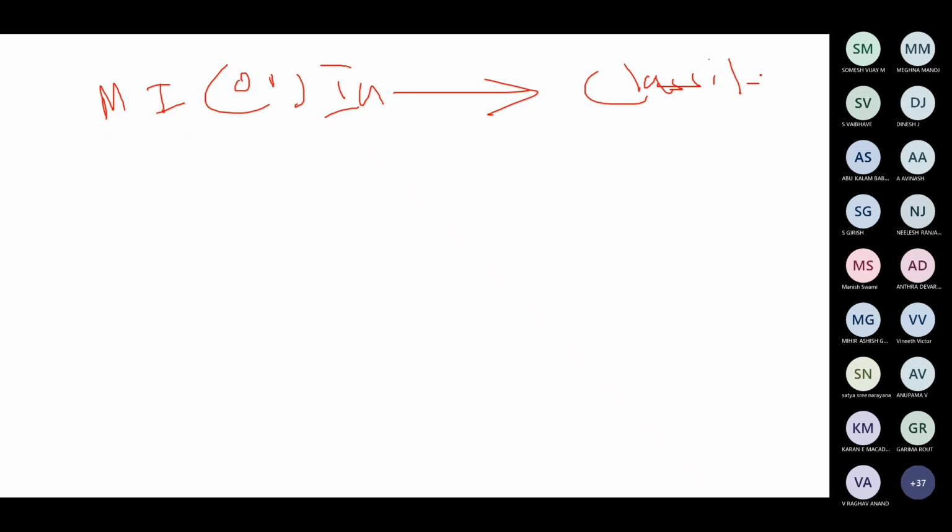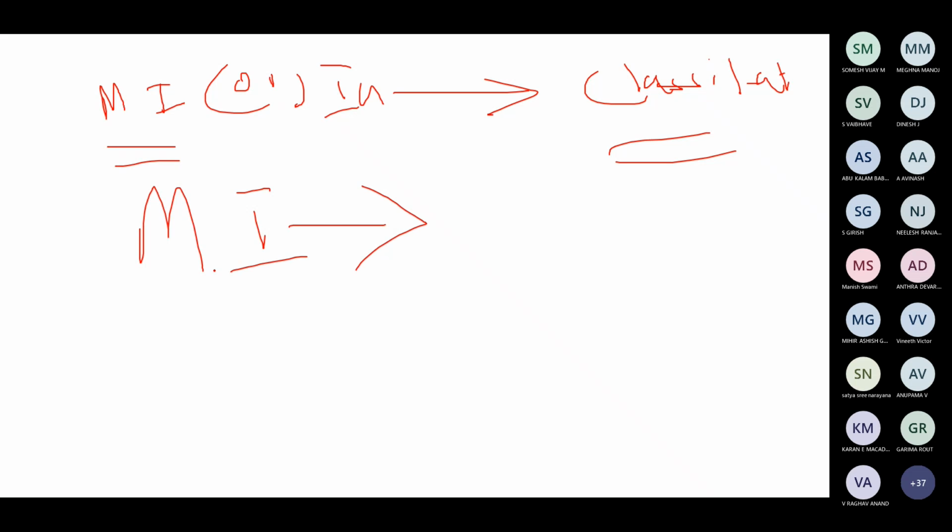If it's a classification problem, by using mutual information, we select the features. We have studied information gain in decision trees. Mutual information or information gain, both are the same. Using mutual information, we select the features.